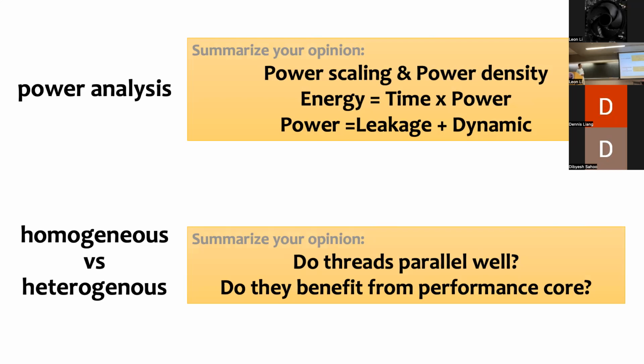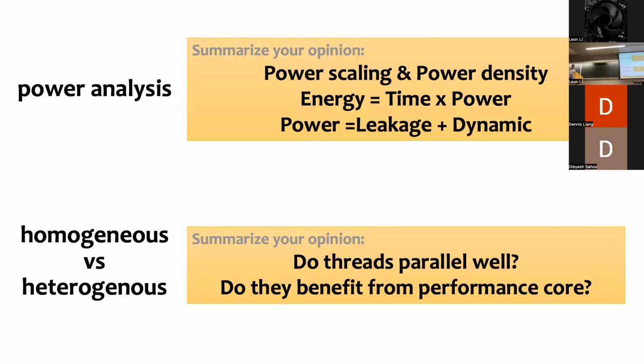About heterogeneous and homogeneous processors. Homogeneous is just having one type of core, right? It could be a lot of small cores or a few big cores, whereas a heterogeneous processor takes a mix, right? A few big cores, a few small cores. Hopefully, it takes care of both resource-demanding single-threaded applications and multi-threaded applications.